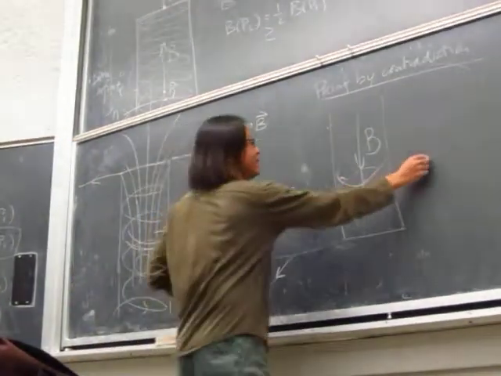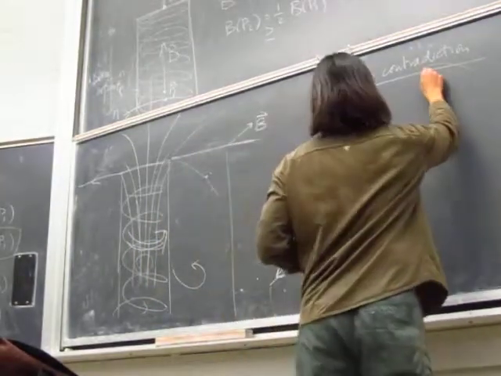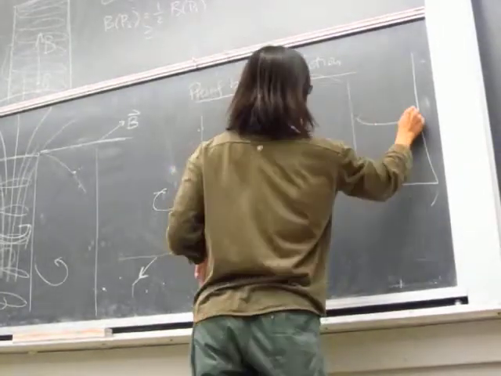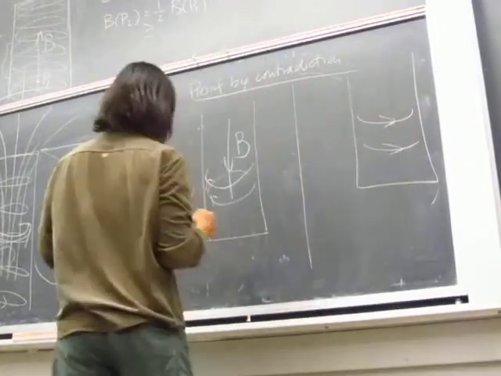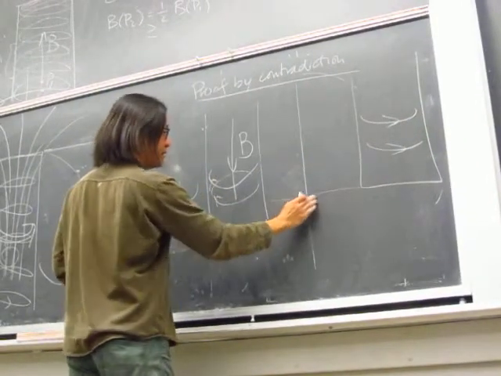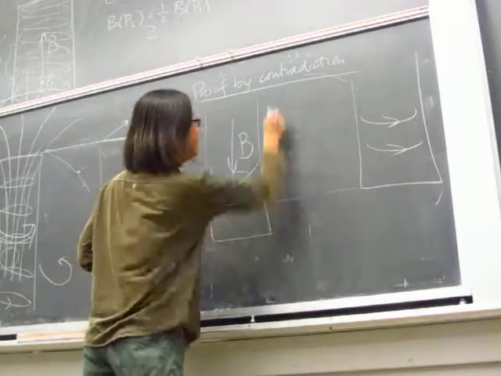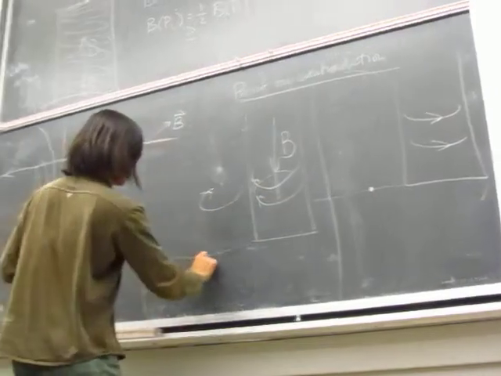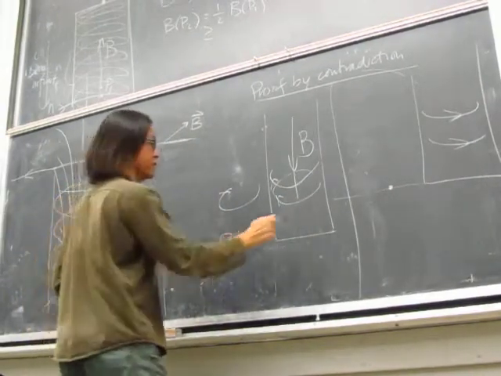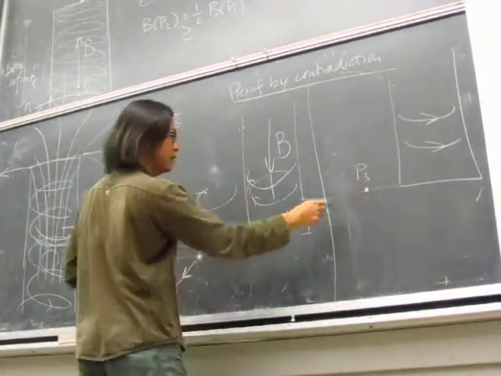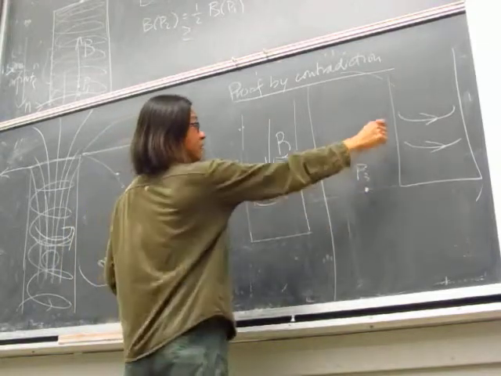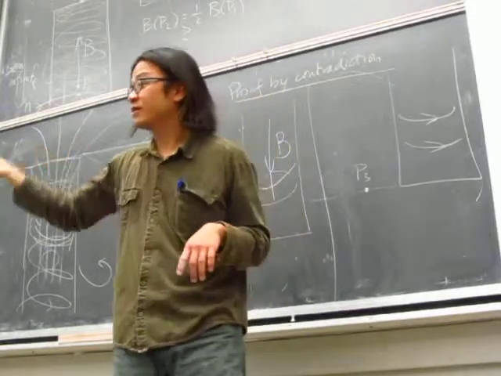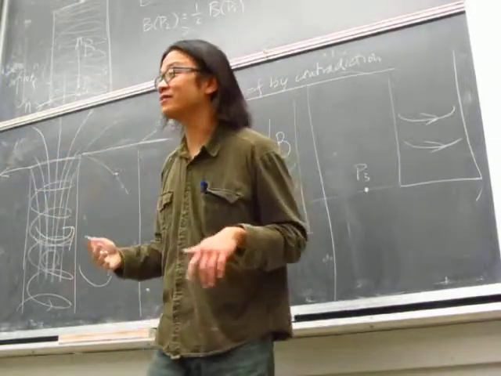If you flip the current so that it actually goes like this, then at that same point over here, let's call this point P3 or something, from Biot-Savart law or Ampere's law, flip the current, flip everything else.